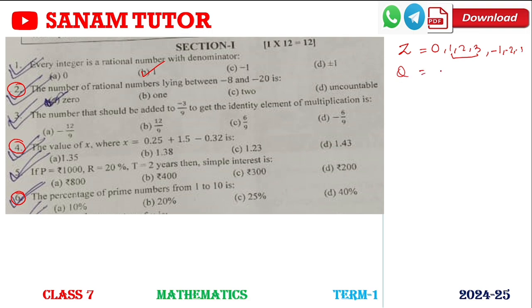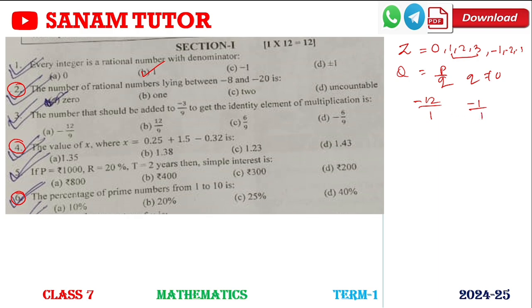A rational number means a number in the form p by q, where q is not equal to 0. So what is the denominator of minus 12? It is 1. Suppose minus 1, same, 1.